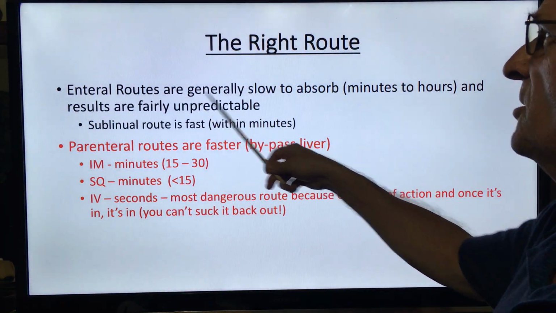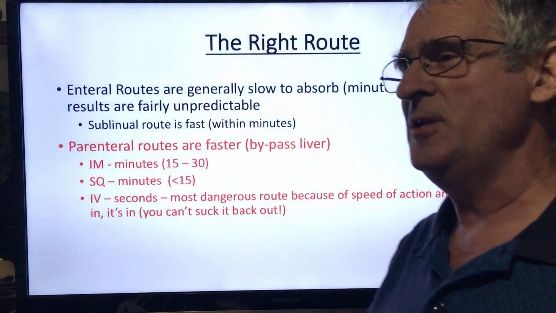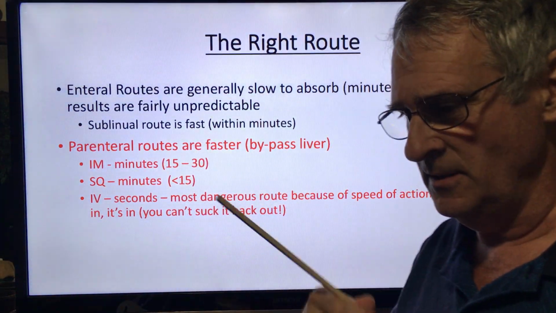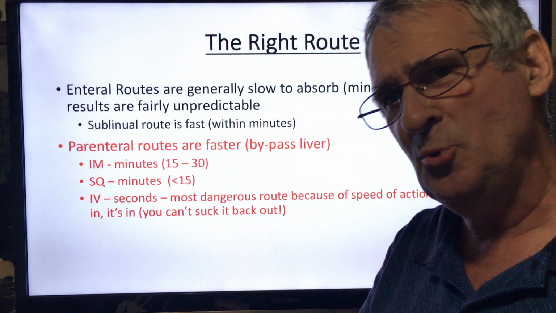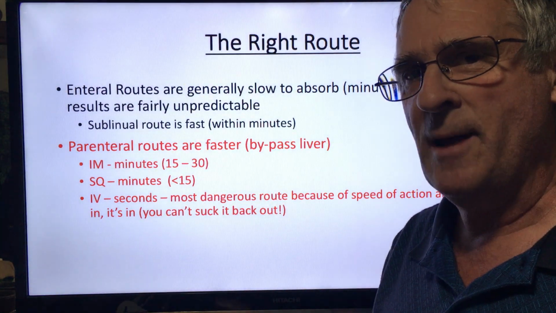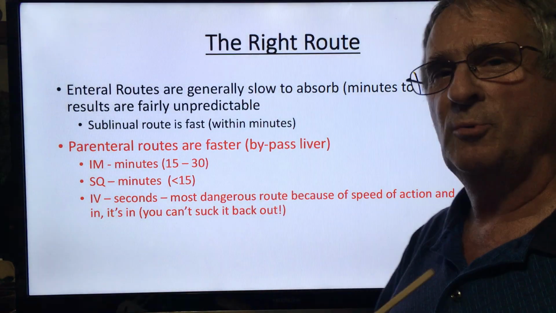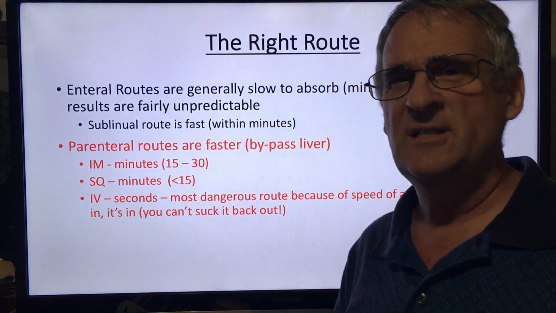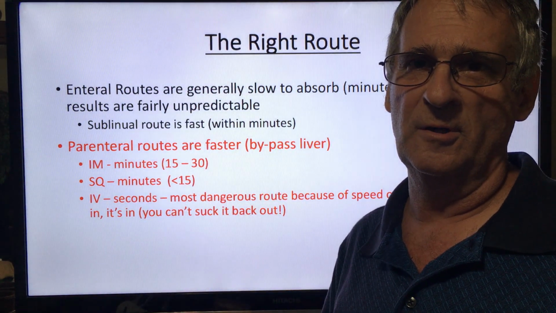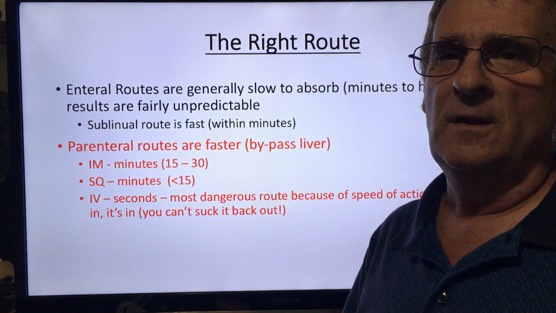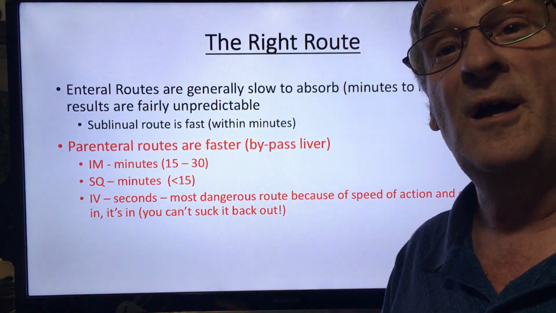So enteral routes are generally slow and unpredictable. These are pills that the patient takes and it enters their GI tract. Now, buccal and sublingual are pretty rapid in absorption, but the PO routes, where we just simply swallow a pill, is very unpredictable in how it's going to work. It depends on what kind of drug is given.